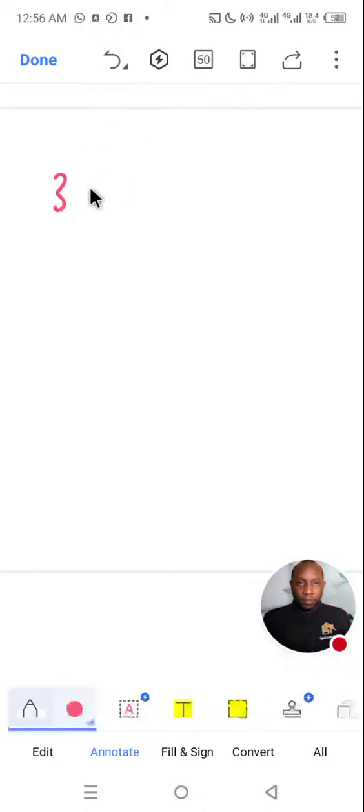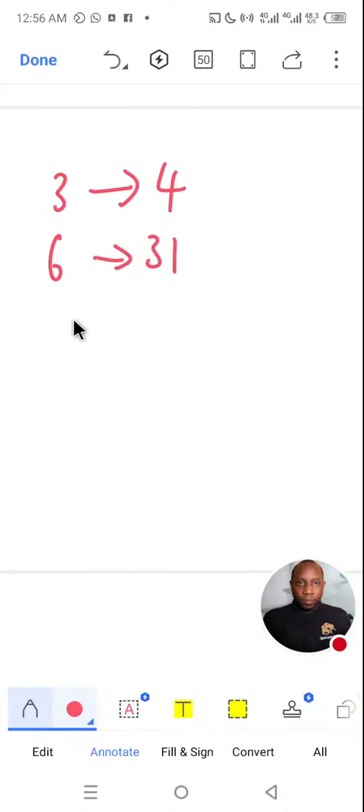We have 3 giving us 4, and then we have this one.